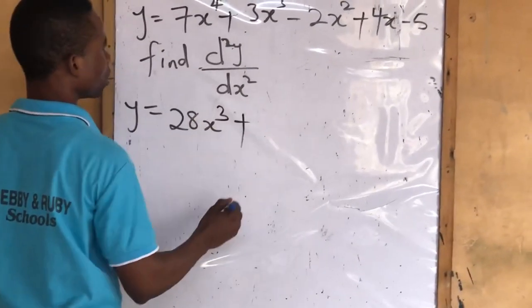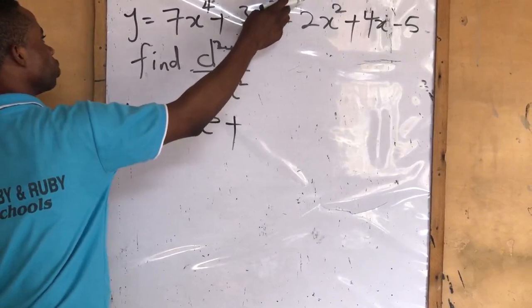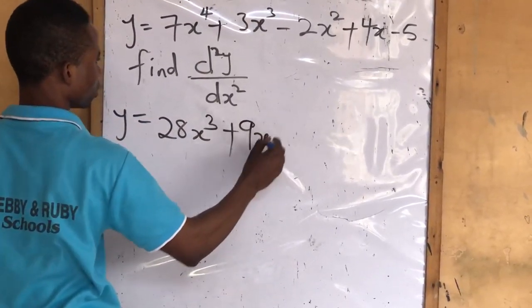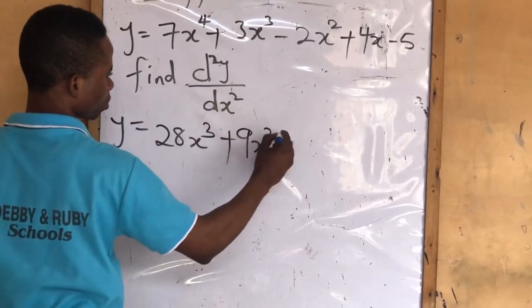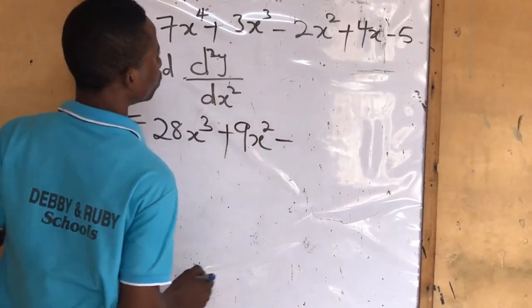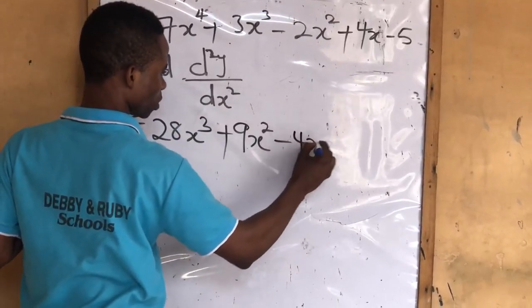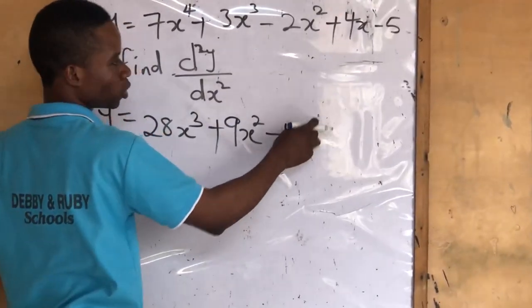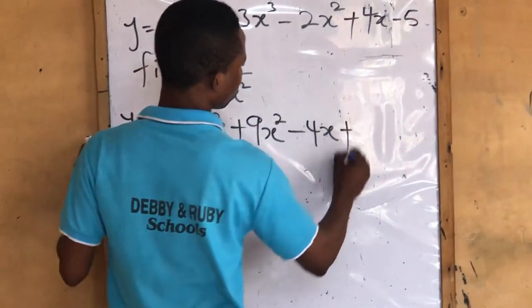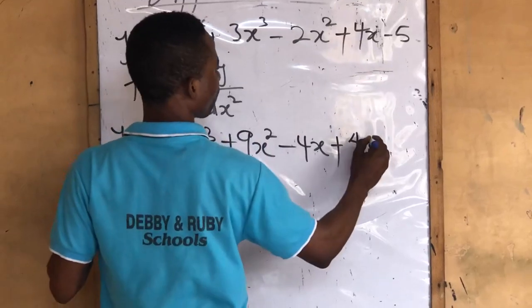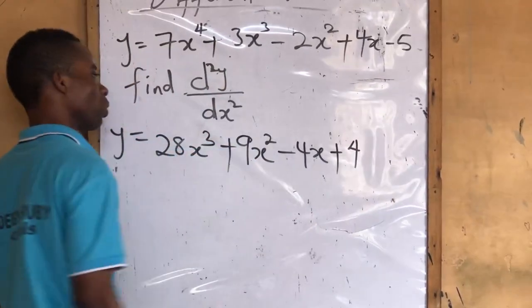Plus, you take the power 3 to multiply this 3x. That is 9x. You remove 1 from this, that is 2. Minus, you use this 2 to multiply this 2x. That is 4x. You remove 1 from this, it's going to be 1, so you don't need to write it. Differentiation of 4x, that is 4. And differentiation of 5 is 0, so you don't need to write that one again.